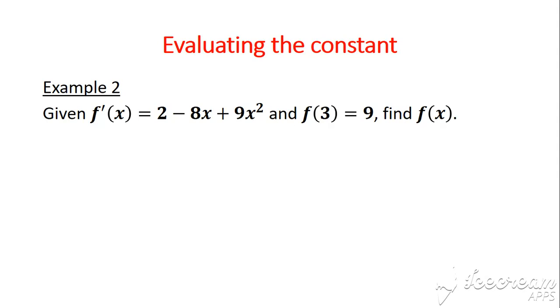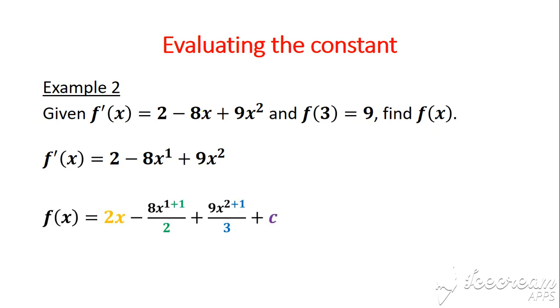So we've got to take the gradient function and anti-differentiate it back to get the y function. So remember, once again, this x by itself is x to the power of 1. Let's anti-differentiate it. The 2 will anti-differentiate to 2x. The minus 8x to the power of 1, we have to add 1 to the power to make x to the power of 2 and divide by the new power of 2.